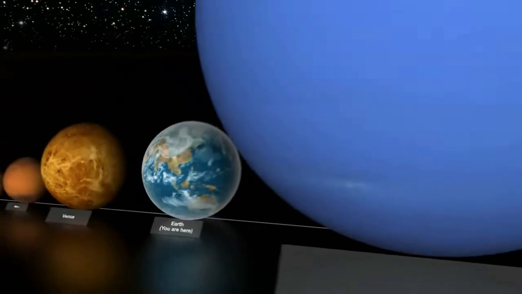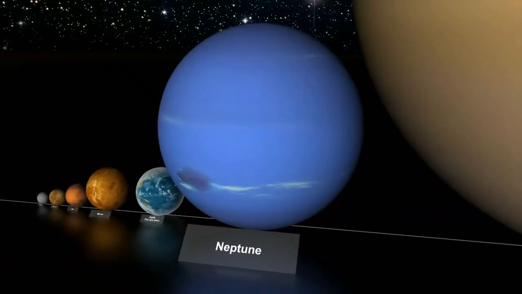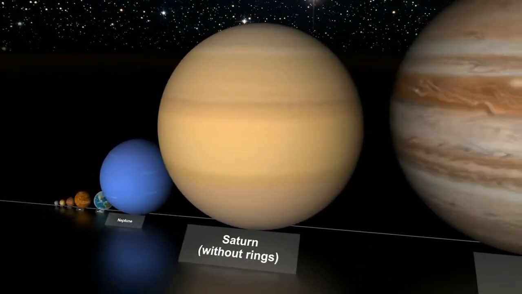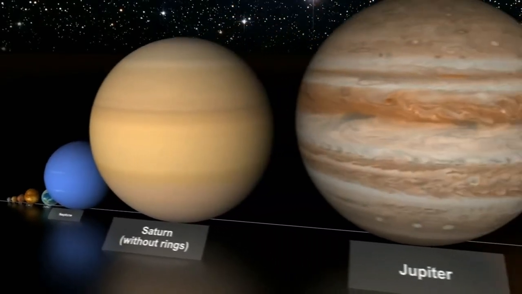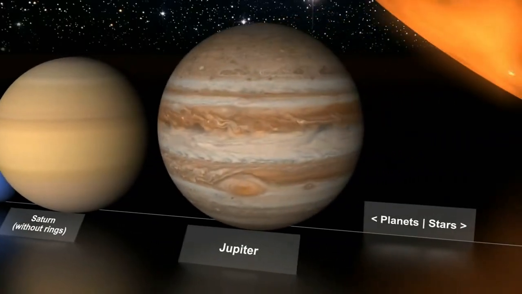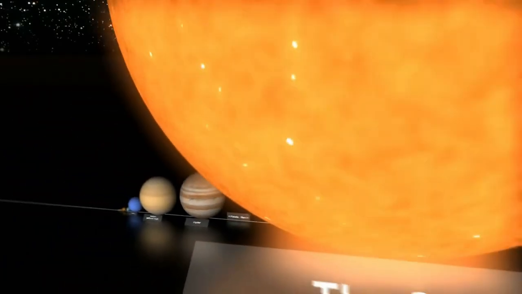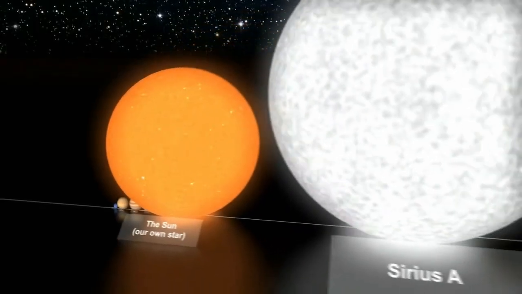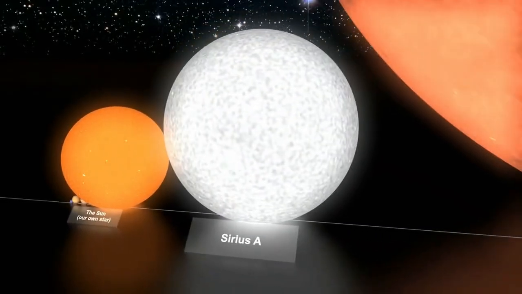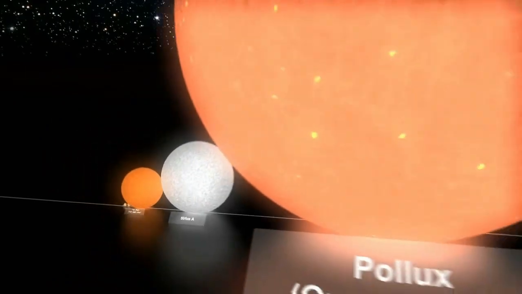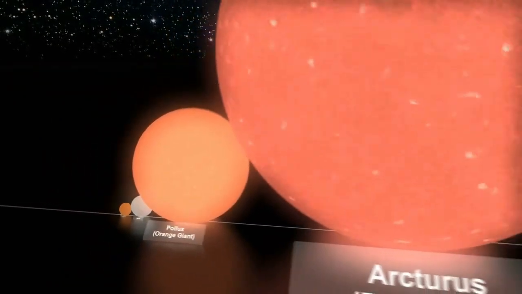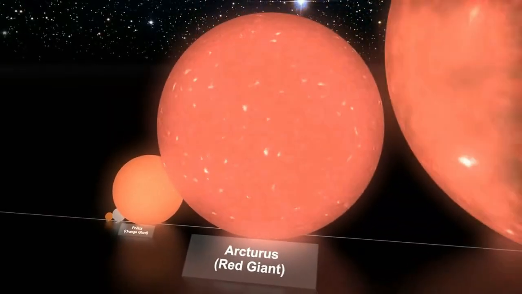Then you can see the jump to how big the gas giants are, and then an even bigger jump when you're comparing those planets to stars. And then very quickly, the sun will start to be dwarfed by these giant and supergiant stars.